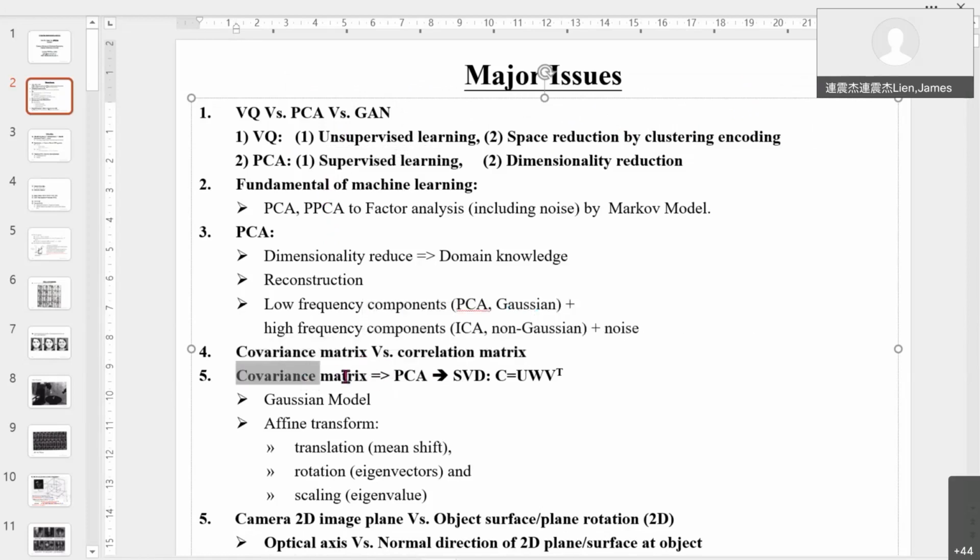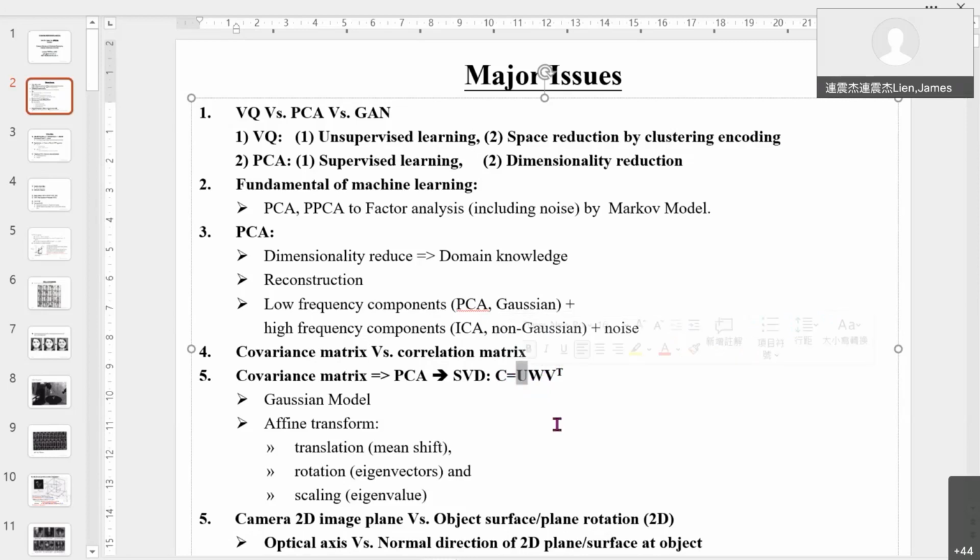So from covariance matrix, we use a singular value decomposition (SVD) to do factorization. 因式分解 factorization become one space become UWV. 3 factors 因式分解，把一个东西解成这三个，那这三个各有物理意义。So from original space, you transfer to eigenspace.